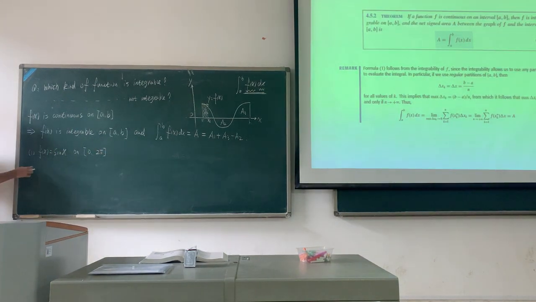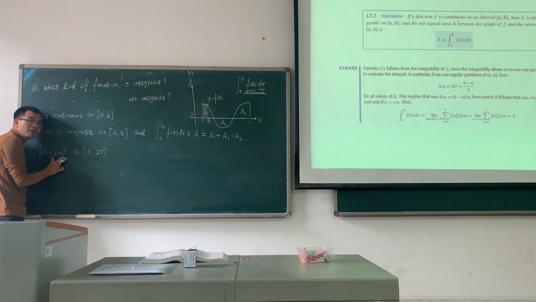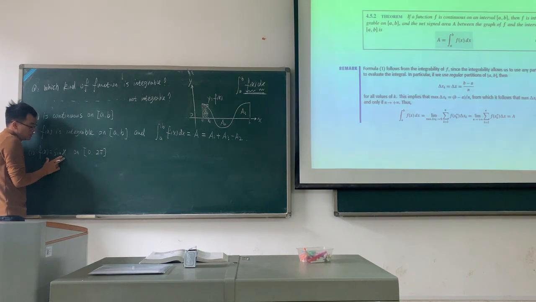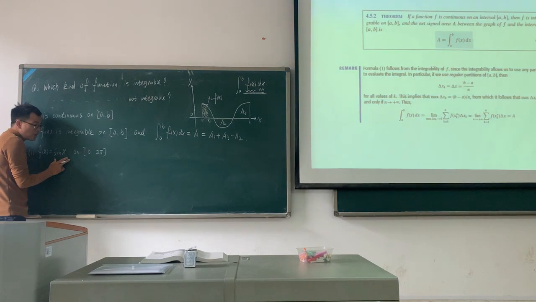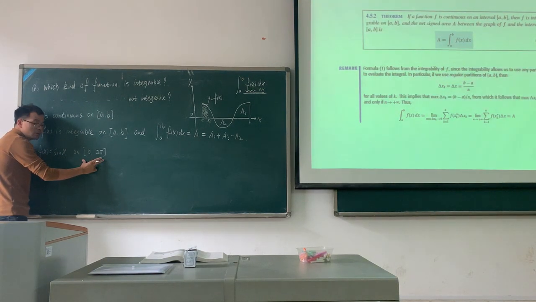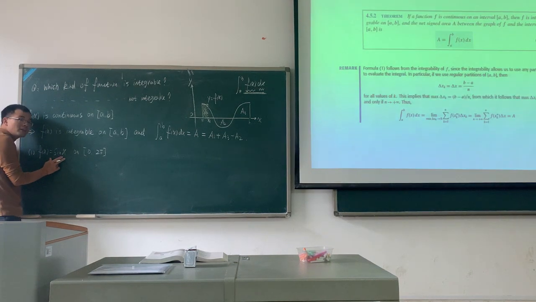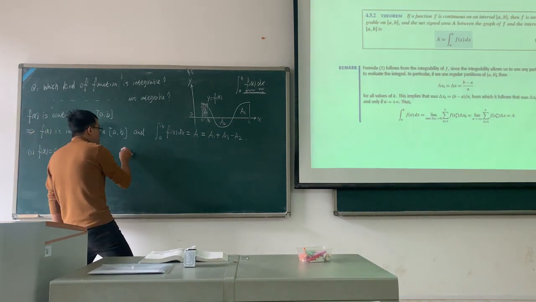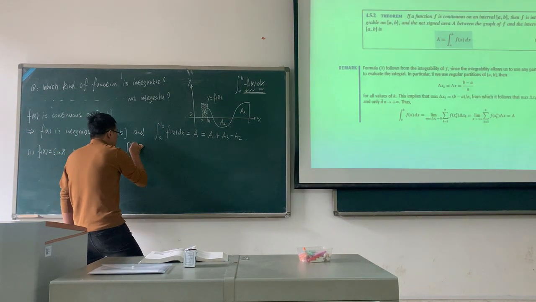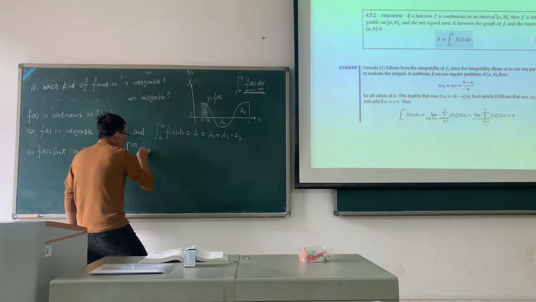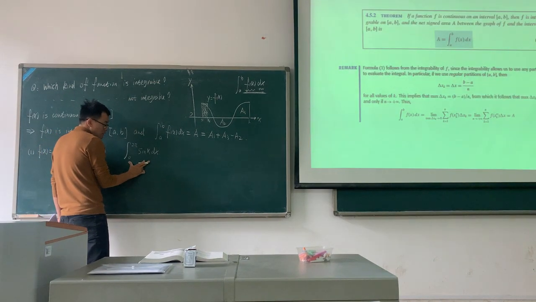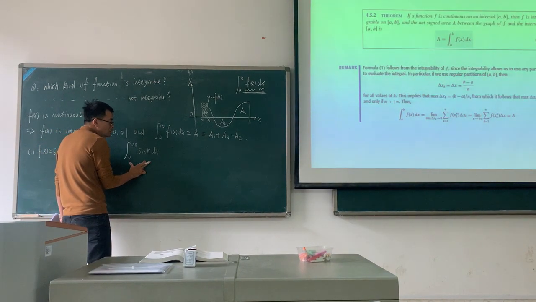We know that sin x is a continuous function on this interval, so sin x is integrable on this interval. Here it means the integral from 0 to 2 pi of sin x dx. This definite integral exists.